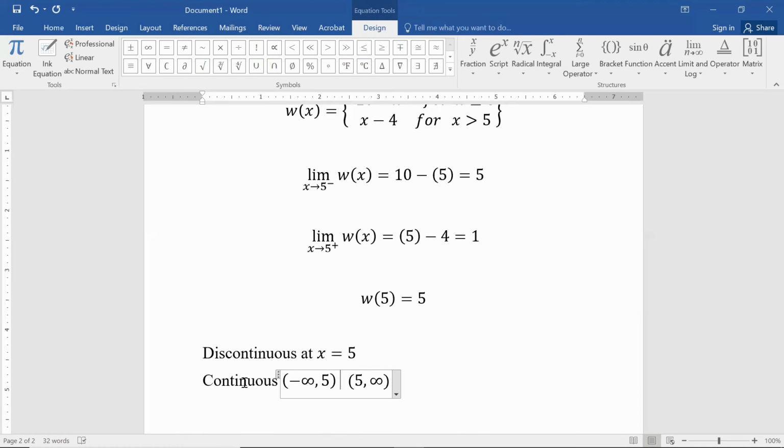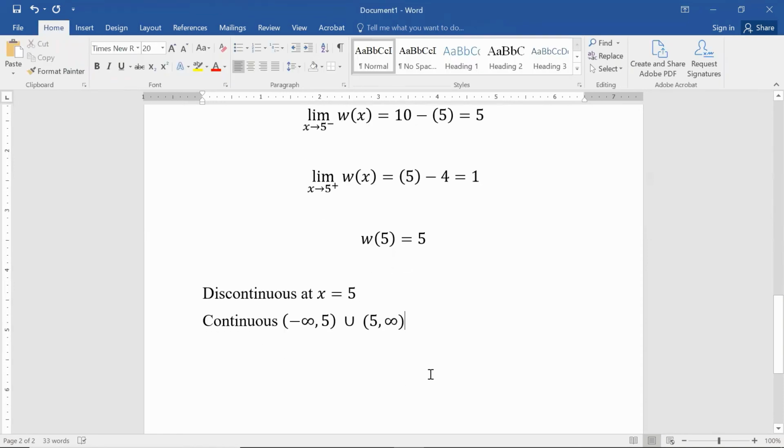As a little note, I've been omitting the set notation for these sets. I've just been listing out the intervals. But if you want to, you could use a set notation of union. That means this is continuous at this place and also at this place. That's a set notation of union.